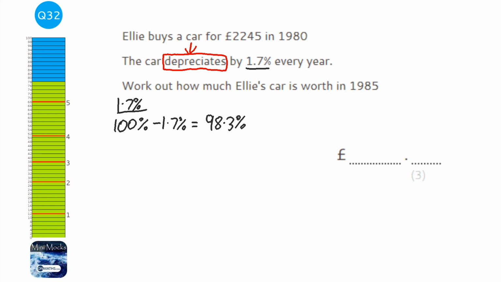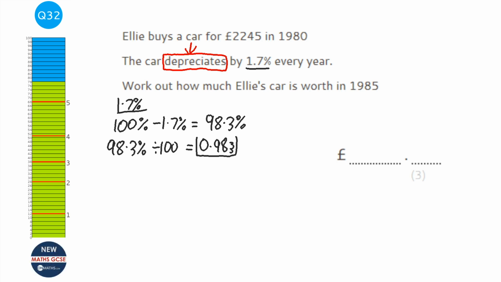Then you want to work it out as a multiplier. So you just divide 98.3% by 100. And multiplier is a posh way of saying decimal. So 0.983. Now anytime I times something by 0.983, it will decrease it by 1.7%.